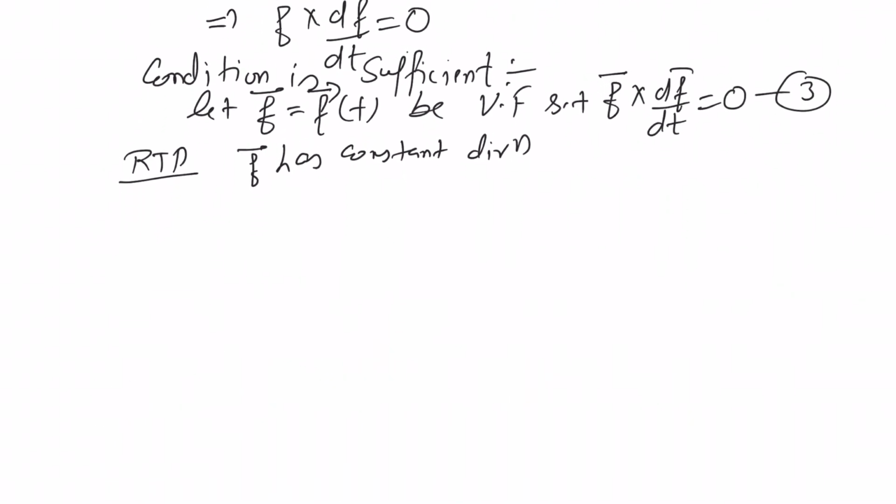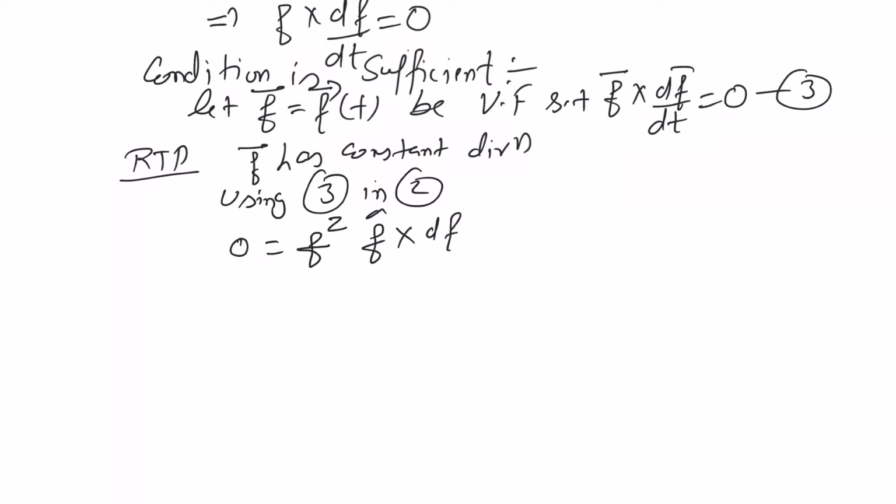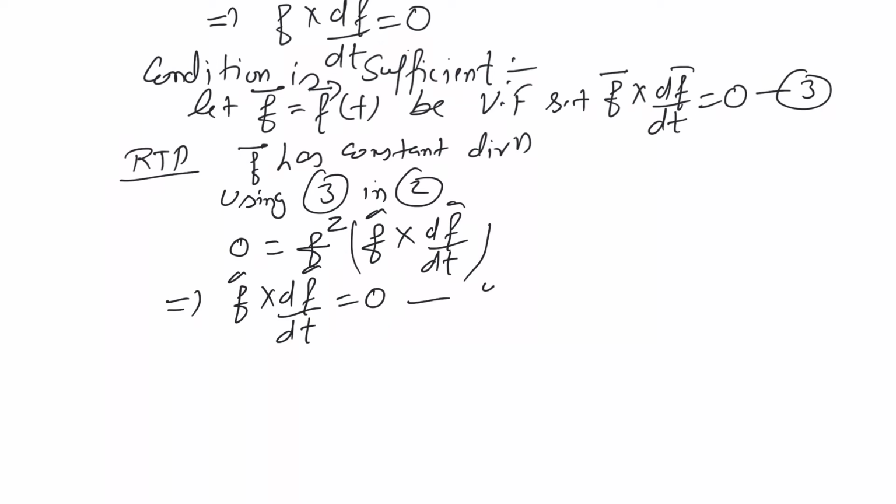Using 3, this will be 0. This is f square, this is f cap cross df cap by dt. This implies that, but f square cannot be 0, so f cap cross df cap by dt is equal to 0. So this is equation number 4.